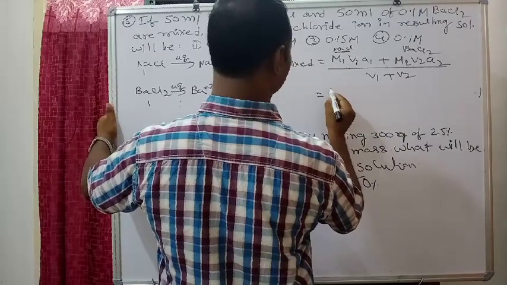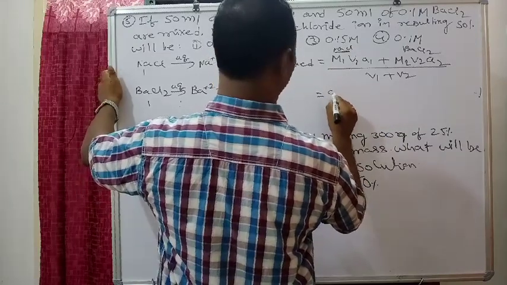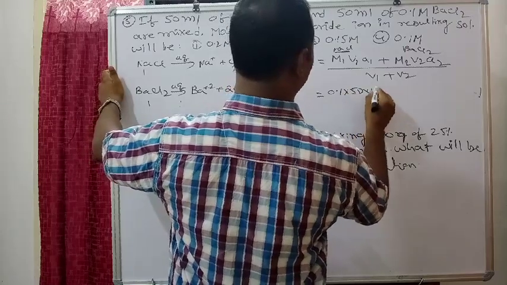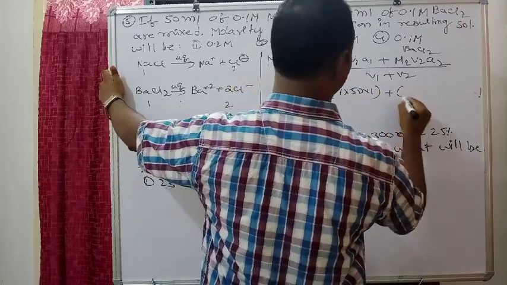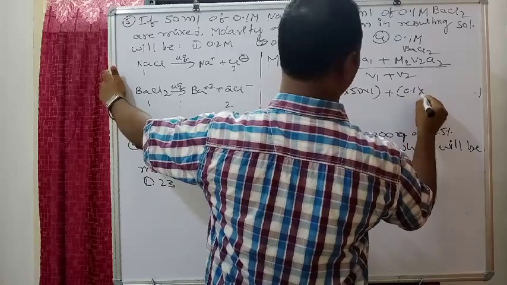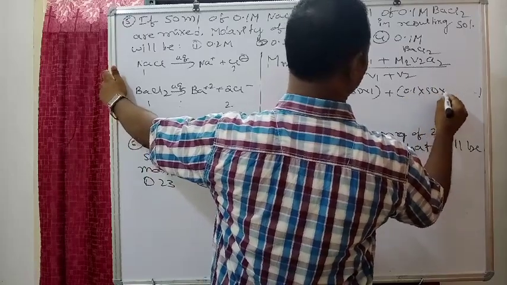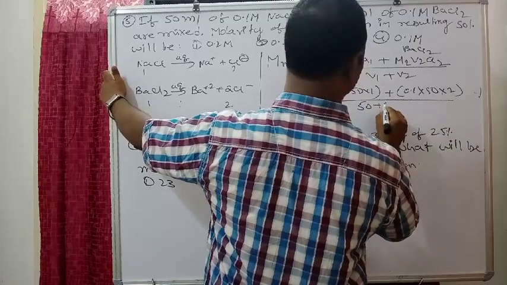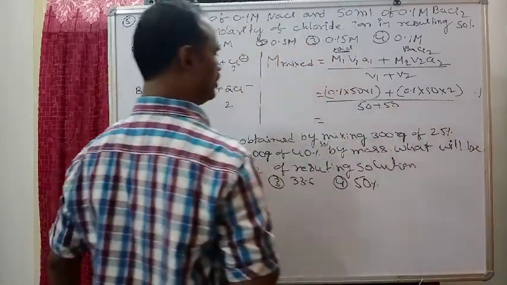M1 0.1 M into 50 ml into 1 plus 0.1 M into 50 ml into 2, all by 50 plus 50. Now how much are we getting?